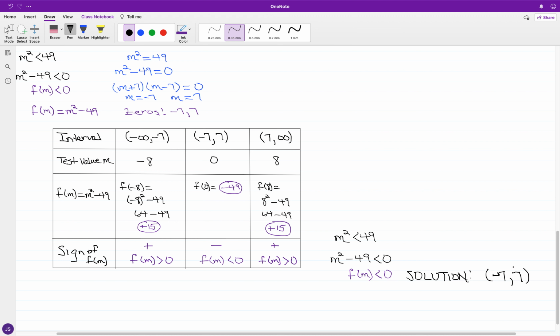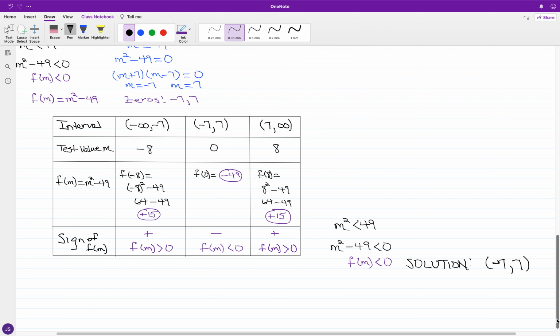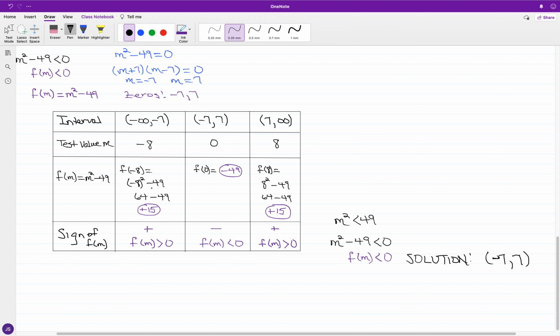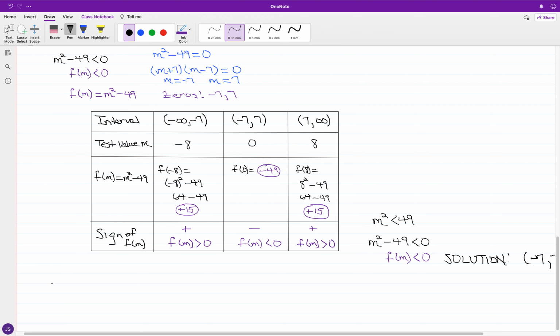All right, now for what we have in the case of number 33, and now this inequality we have with the expression displayed in factored form.